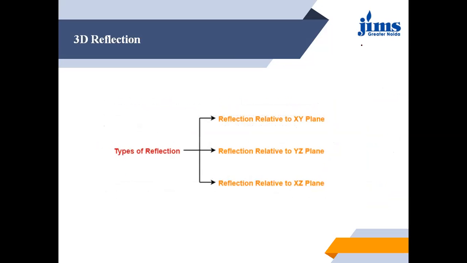So basically reflections are of three types. We can reflect an object with respect to the xy plane, the yz plane, or the xz plane, as I told you by making the diagram on the last slide.